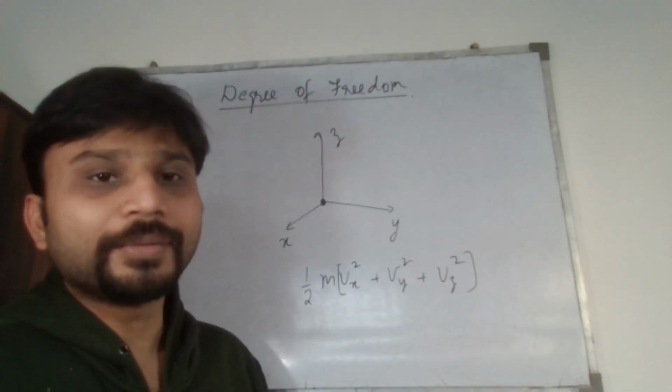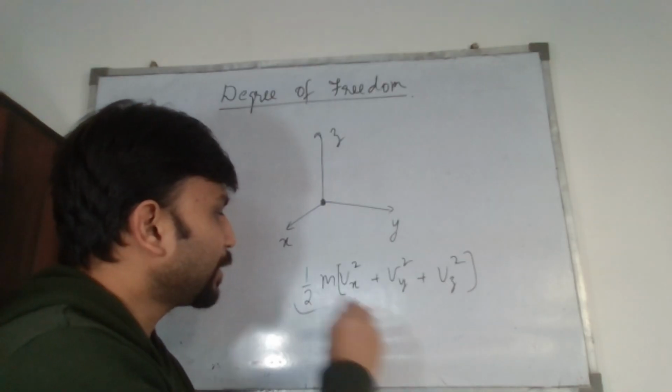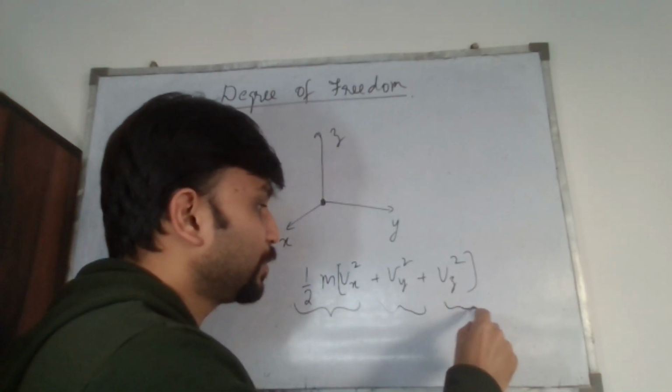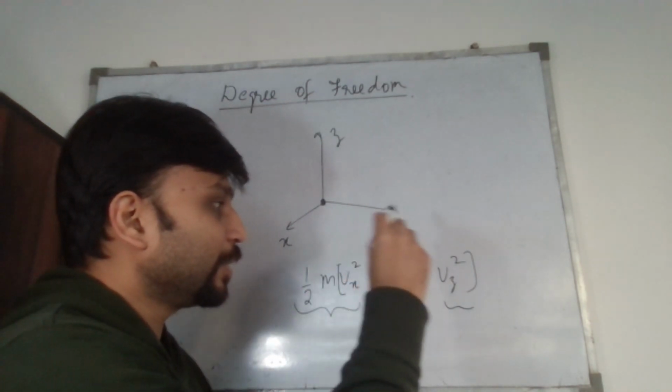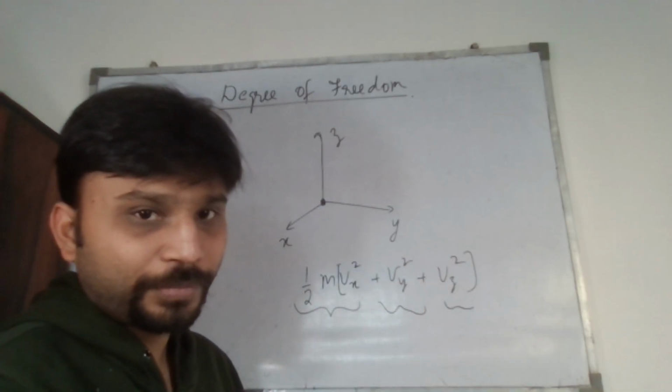This is what we meant by degree of freedom. We can write the kinetic energy of the particle in three ways, each of which contributes an equal amount of energy.